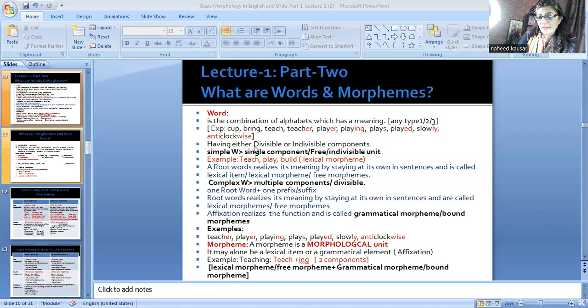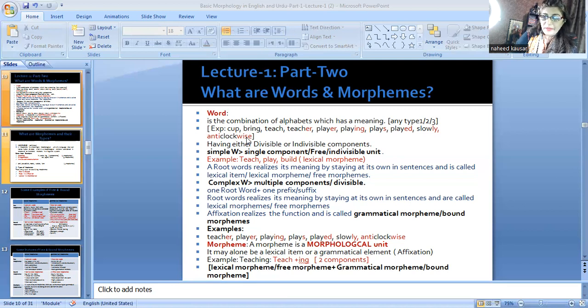Each part which can be divided in a word with multiple components, like the examples I have given, I would pick the word anti-clockwise, because there are three components, rather than words: anti, clock, and wise.